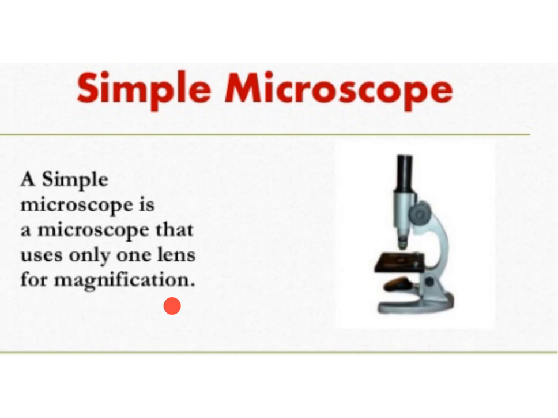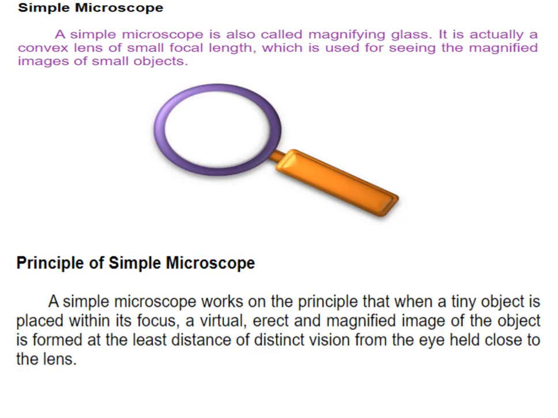It is also called a magnifying glass. It is actually a convex lens of small focal length which is used for seeing the magnified image of a small object.